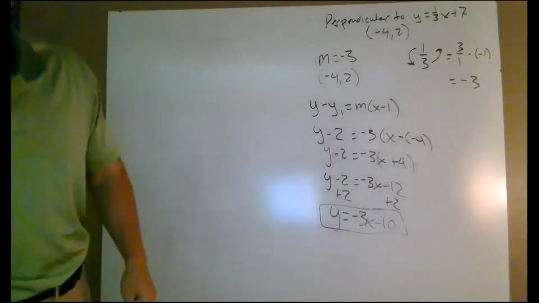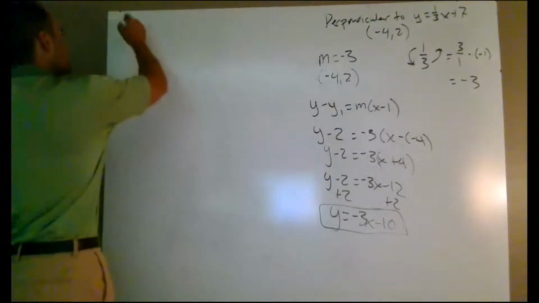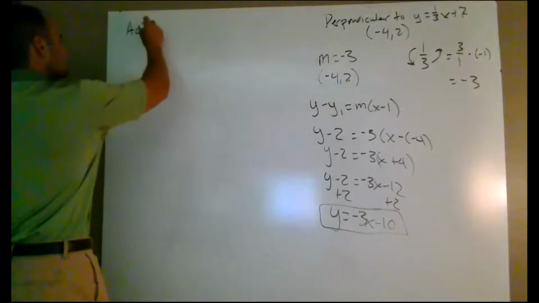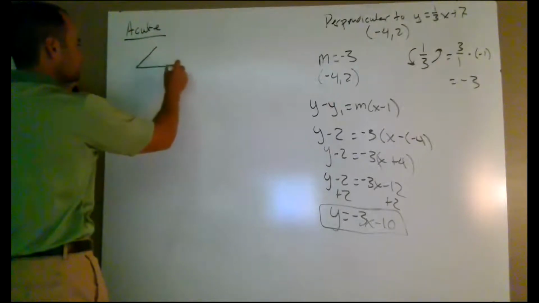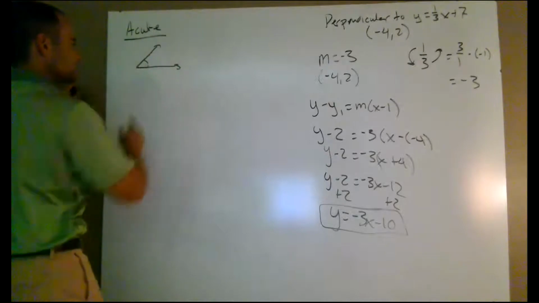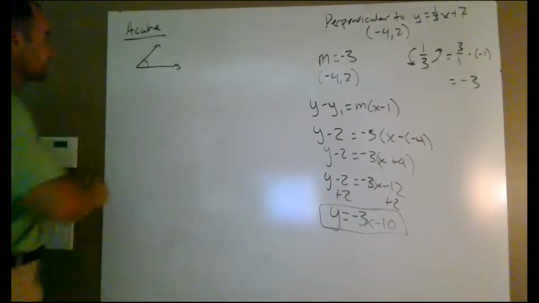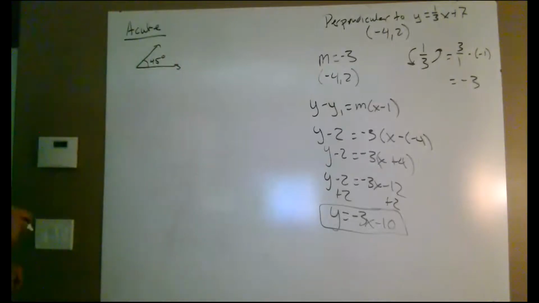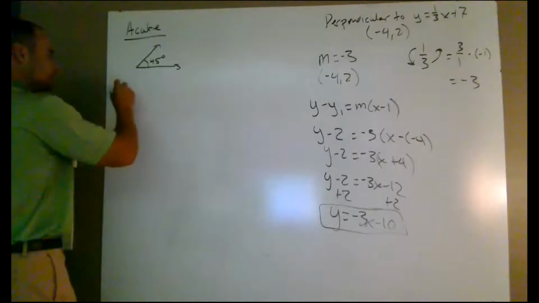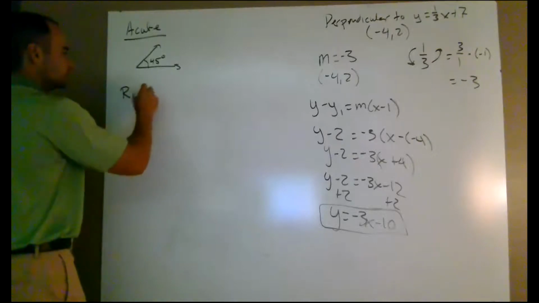So if I have an acute angle, it is going to look something like this. This might measure out to be 45 degrees. That's an acute angle.